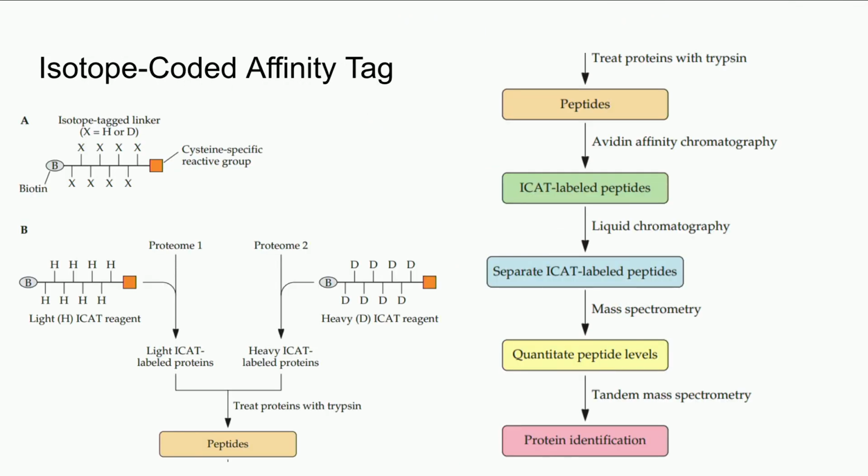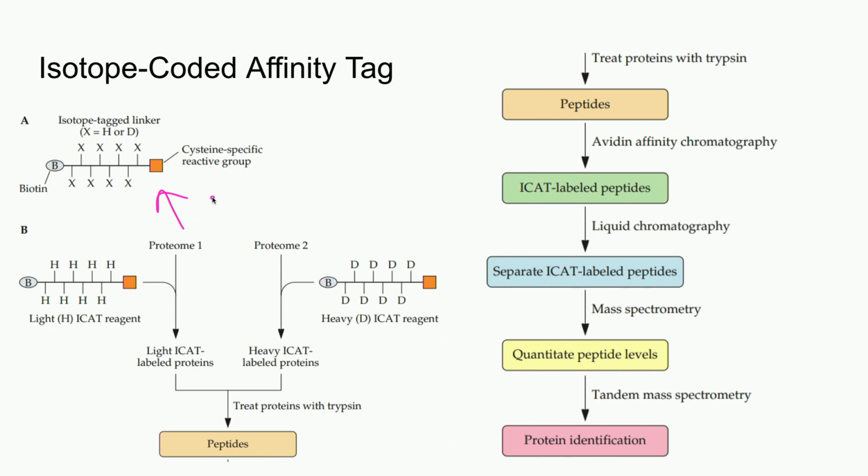Another method is Isotope-Coded Affinity Tag, which uses hydrogen and deuterium to differentiate between two proteome samples. The 8 hydrogen or 8 deuterium atoms will be attached to a linked chain that will bind to proteins via a reactive group.